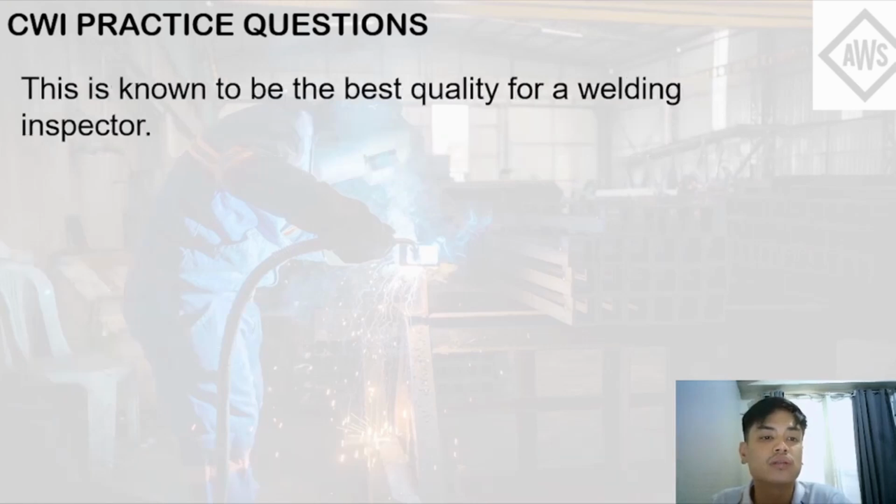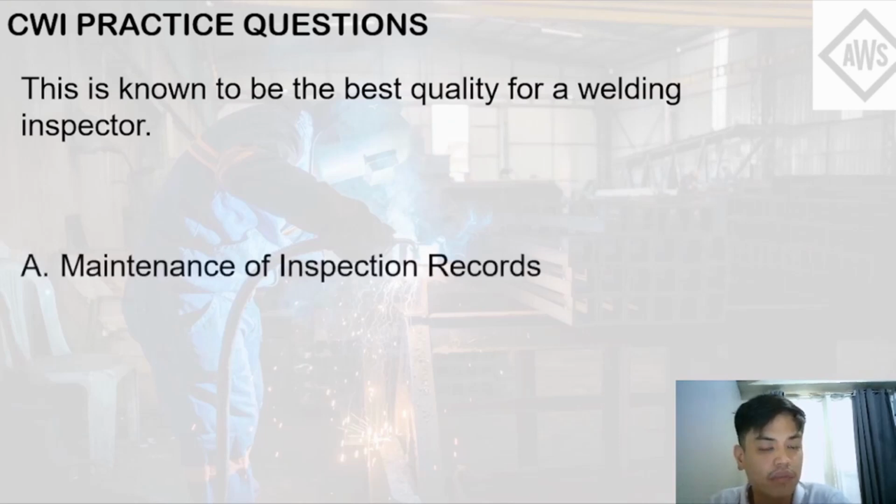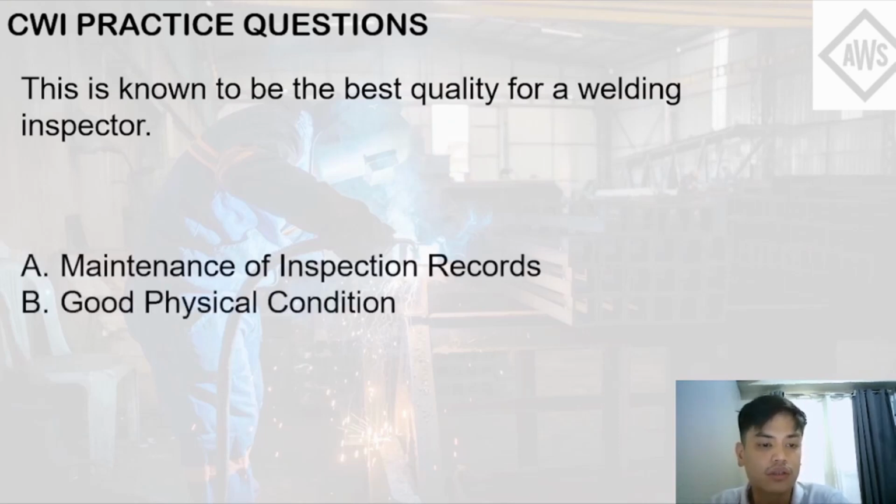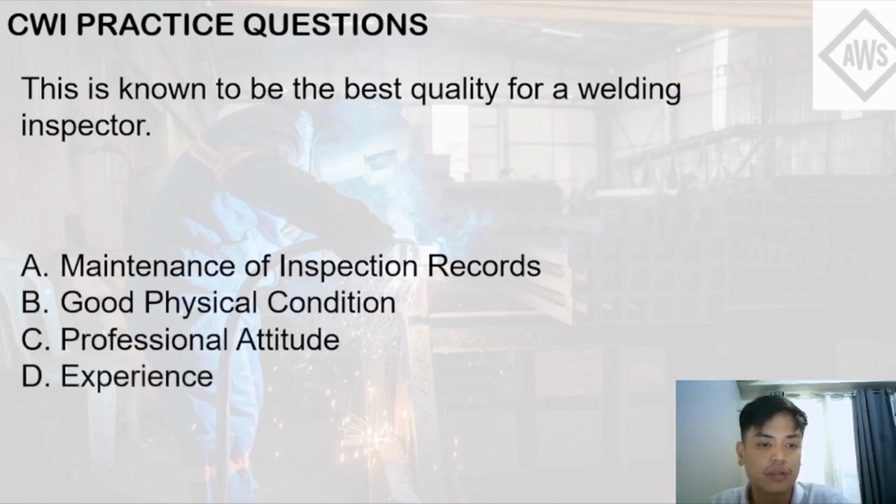So next question is, this is known to be the best quality for a welding inspector. A, maintenance of inspection records. B, good physical condition. C, professional attitude. D, experience. So basically, all of these qualities of a welding inspector are good. So what is the best amongst all of them? Letter A, maintenance of inspection records.